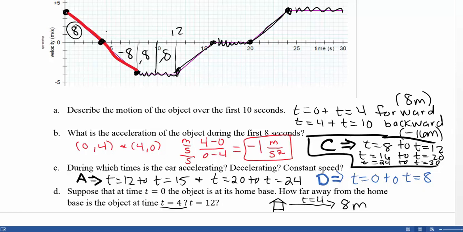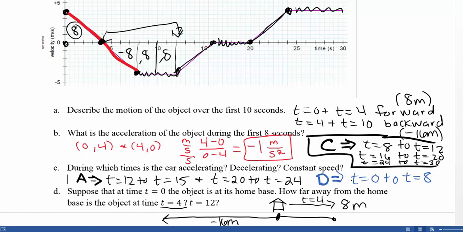So it looks like from 4 to 12, we have -8 plus -8 plus -8, which is -24. So I started off going in the positive direction, right? And I walked 8 meters. But then I turned around and I walked 24 meters in the other direction, which is 16 meters away from my home base, because it took me 8 meters to get back to my home base.